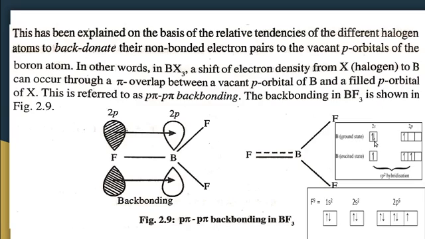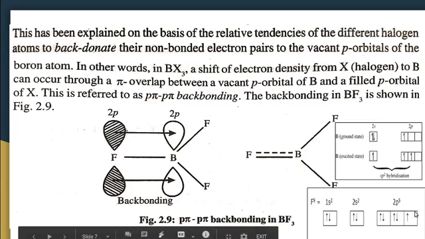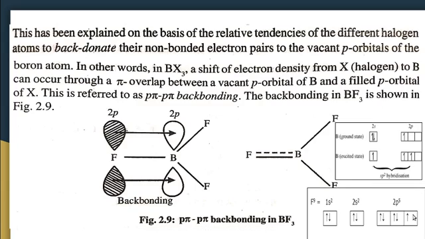Boron has the ground state 2s2 2p1 configuration. In the excited state, one electron goes to a p orbital, and one s and two p orbitals undergo hybridization forming sp2 hybridization, that we already discussed. Fluorine has 9 electrons, 1s2 2s2 2p5, with one unpaired electron in the outermost shell.